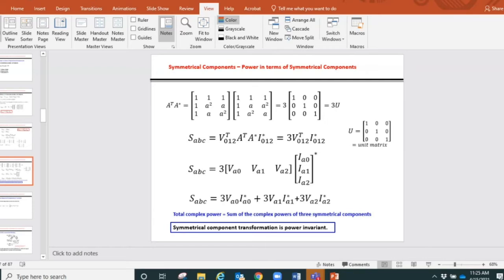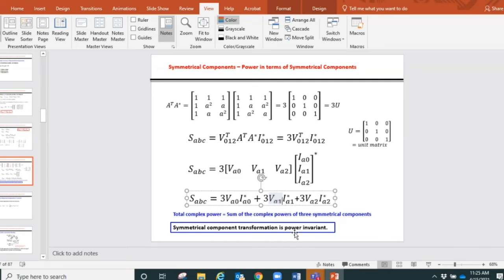And we also can verify from the equation here that if the system was balanced in the first place, but we carried out this calculation, it is still making sense with what we have been doing in our earlier days. Yes, it does, because in that case VA0 will be equal to 0, VA2 will be equal to 0, meaning those two components will be absent, and VA1 will be equal to VA, IA1 will be equal to IA, and then it gives us VAIA times 3, meaning that's what we were doing.